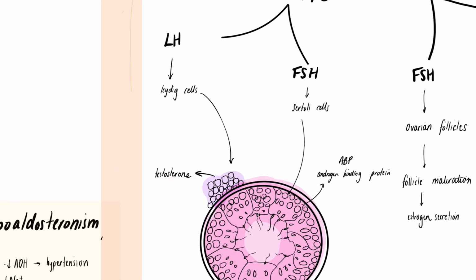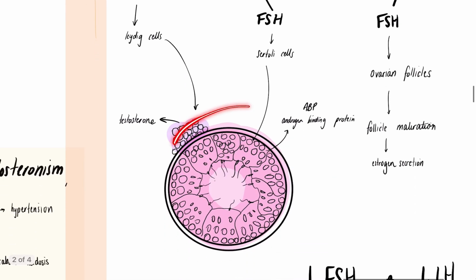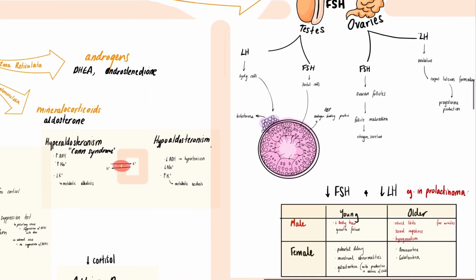And testosterone is responsible for a bunch of your secondary sex characteristics as well as for aiding spermatogenesis. FSH acts on Sertoli cells, and these, amongst other things, produce androgen-binding protein, which increases the concentration of testosterone in your seminiferous tubules, which helps all our little sperm mature.